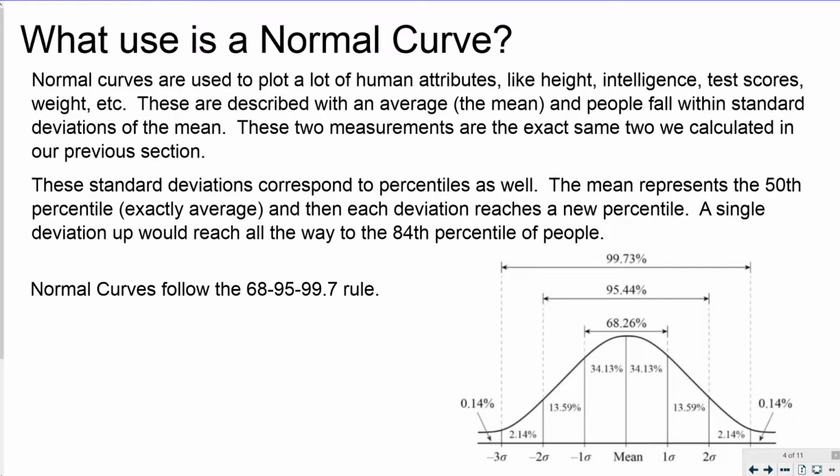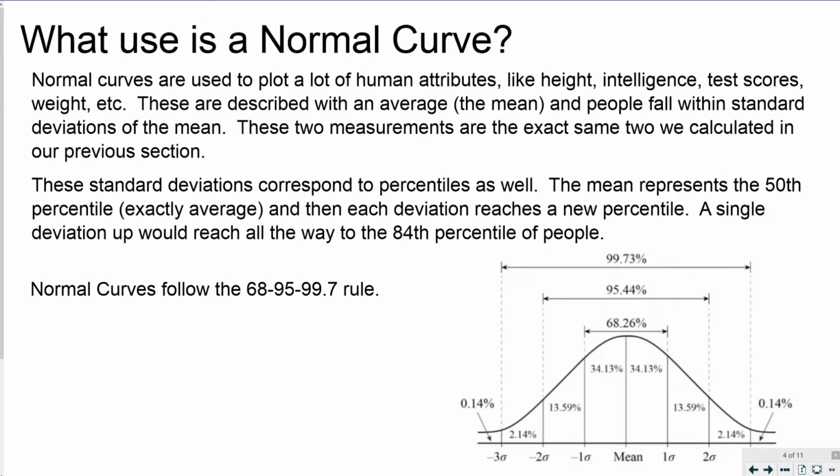Thinking about what they mean, the mean represents the 50th percentile, exactly average. And then each deviation reaches a new percentile. A single deviation up would reach all the way up to the 84th percentile of all people. By the time you get to the second deviation away from the mean, you're talking about 97.5% of all people.